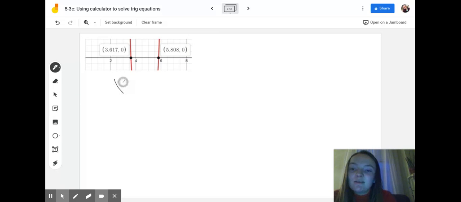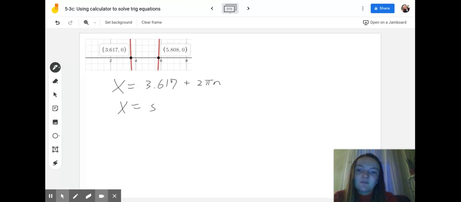So once again, the answers here are going to be 3.617 plus 2 pi n, which is the period times any integer n, and x is equal to 5.808 plus 2 pi n. So obviously you can see at this point that using Desmos is going to be so much easier. And yes, it will be, but unfortunately we won't always be online. So I do want to practice using both calculator and Desmos at the same time.